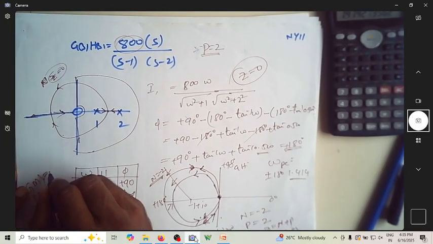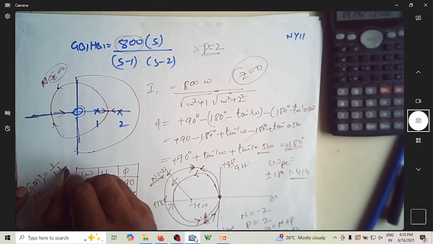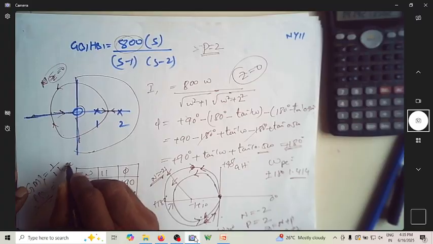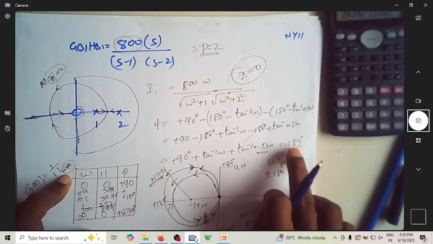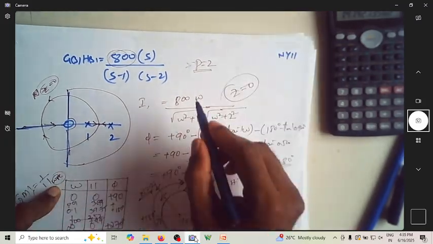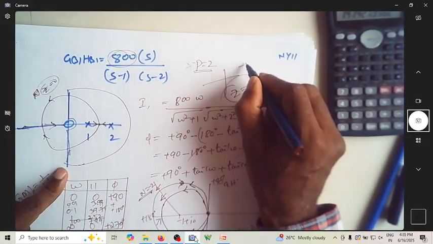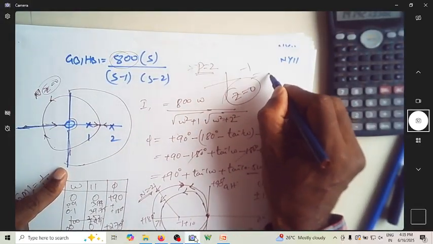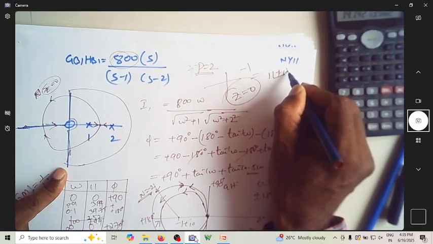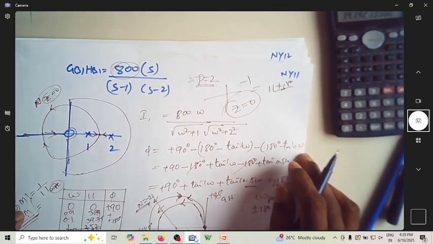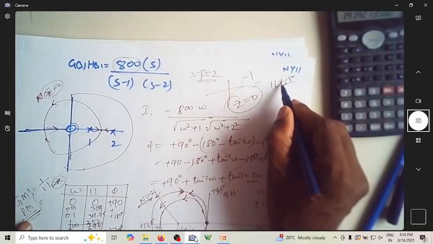Gain margin is nothing but 1 over the magnitude at omega PC. Now for omega PC you are looking at plus or minus 180 degrees. This minus 1 corresponds to 1 at an angle of plus or minus 180 degrees. So far we were considering minus 180 degrees.